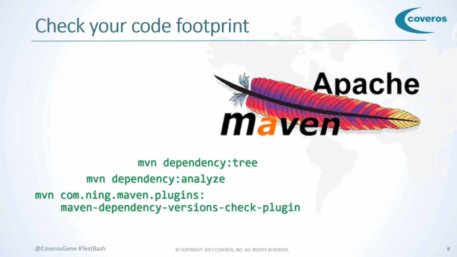Since most of our software today is built with a lot of frameworks and third-party libraries that all get dragged in, make sure you're not dragging in stuff you don't need. If you're using something like Maven, you can use commands like dependency tree, dependency analyze, and another plugin that will look at the dependency versions to look for compatible versions, just to identify any libraries you might be including but aren't actually being used, right?